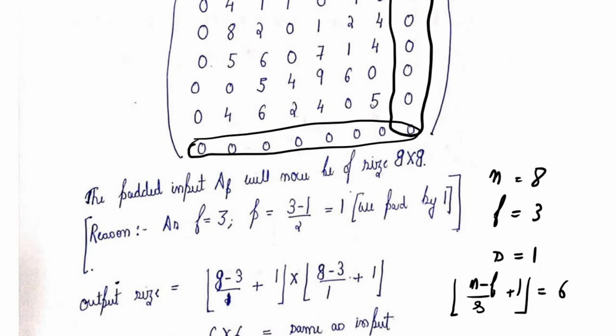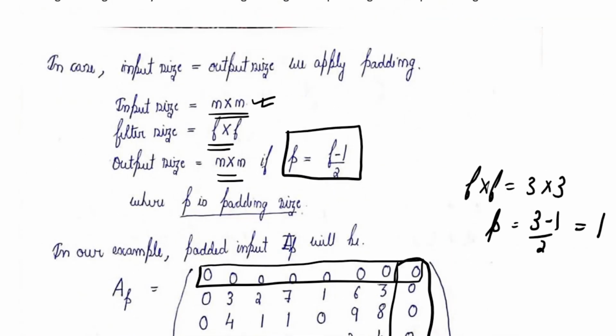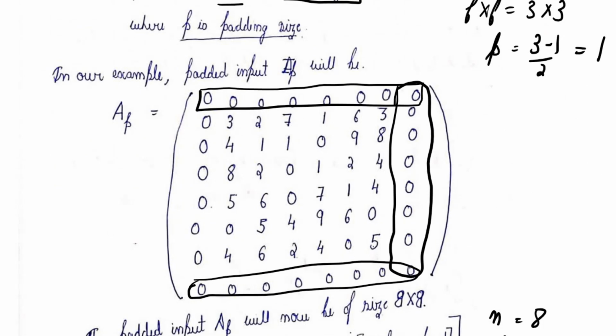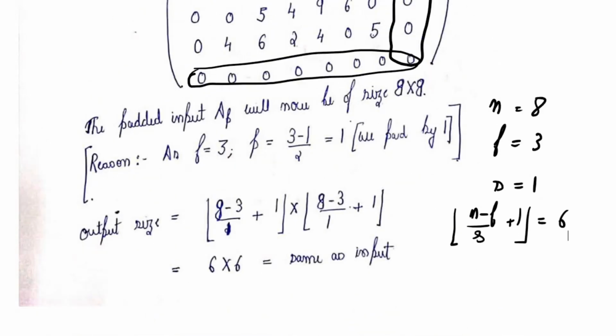So now we are in a scenario that once we enter an input image of size 6 cross 6 by applying padding with respect to the kernel which we are supposed to use, we are able to get the output image of the same size as input, which is 6 cross 6.